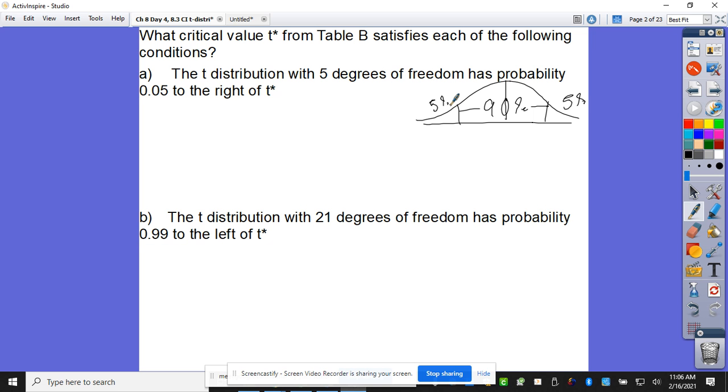So how do you find degrees of freedom? Let's just review. This one actually gives you degrees of freedom, so do I need to do that? No, just make sure you know how to read the chart. You go on the left side down to degrees of freedom of 5. You go under right tail probability of 0.05, and you get what T value?